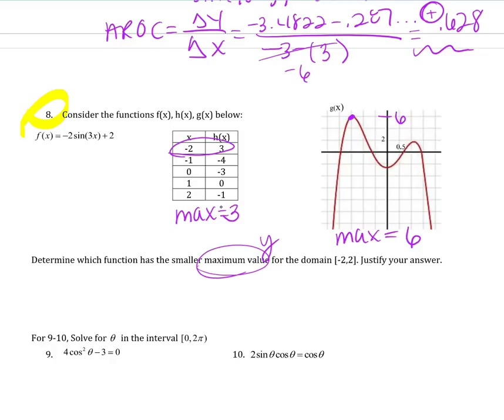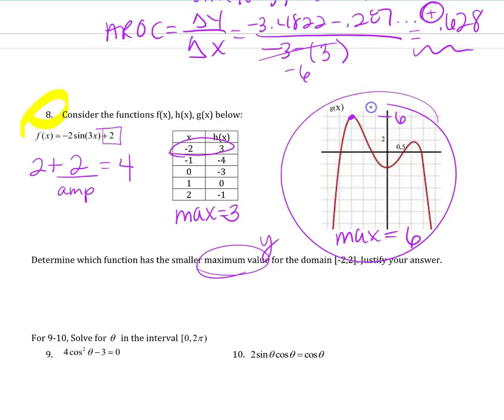And as far as the trig graph goes, remember you only care about the amplitude and the midline. So from the midline, you are oscillating about by 2 units. So it's always the midline plus the amplitude, which happens to be 2, and that gives me a maximum of 4. So that tells me that g of x has my highest maximum value.